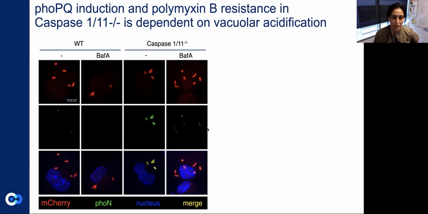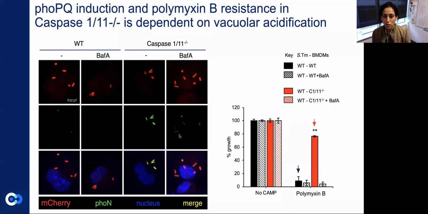So bacteria isolated from bafilomycin-treated caspase-1 knockout macrophages show induction of 4N to similar levels as the wild type. And so it appears that there perhaps is a higher vacuolar pH of the caspase-1 knockout macrophages that is imparting a higher 4p4q induction in Salmonella.